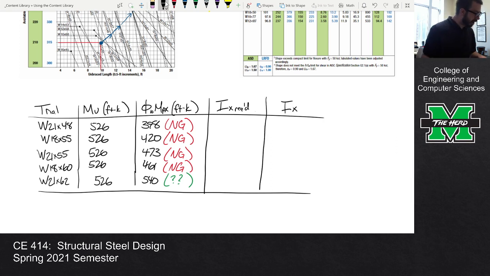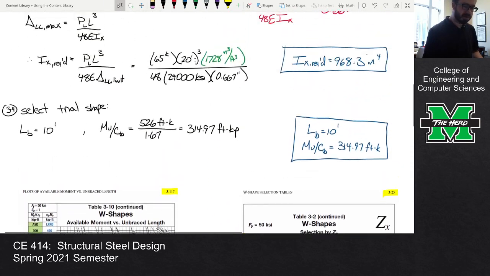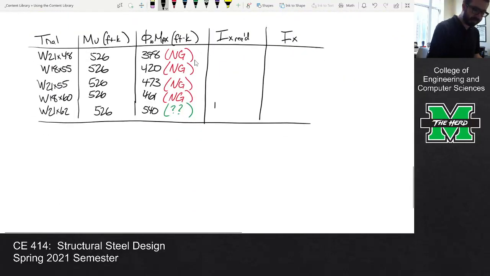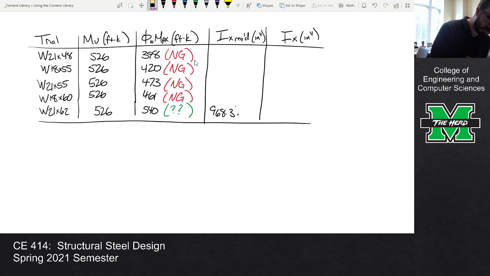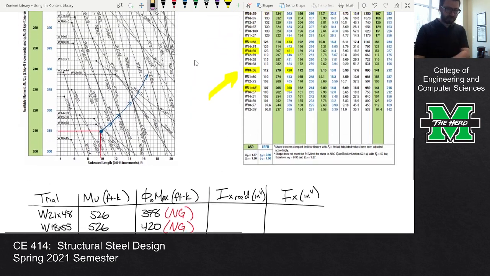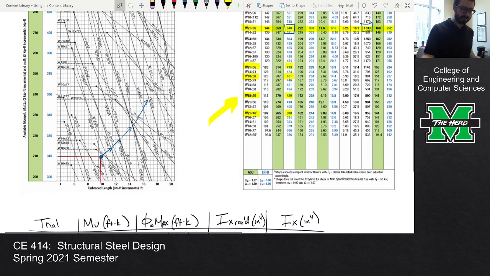The Ix required for this one was, let's see, up here, 968.3. I didn't bother doing it for the other sections because there's no point in looking it up, since it doesn't matter. So that's inches to the fourth. Now, if you look at the W21 by 62, its moment of inertia is 1330.